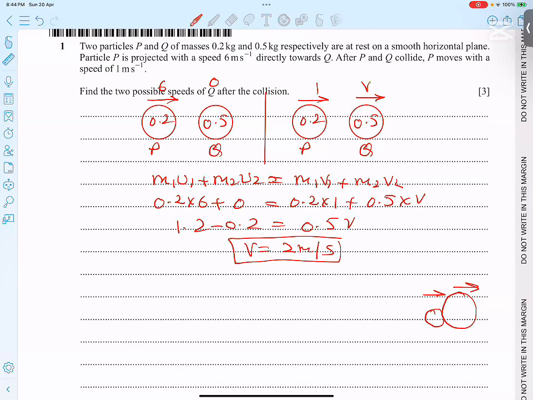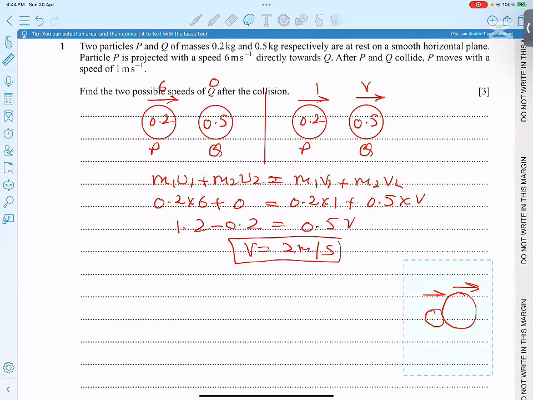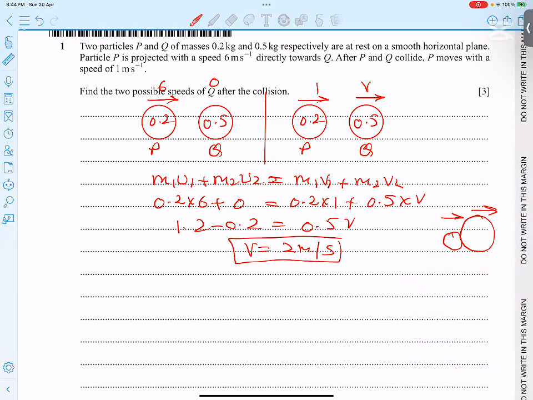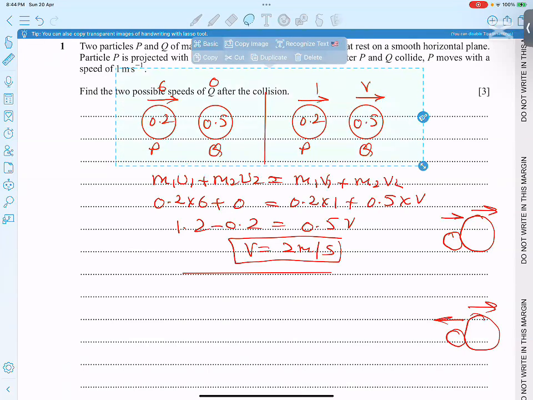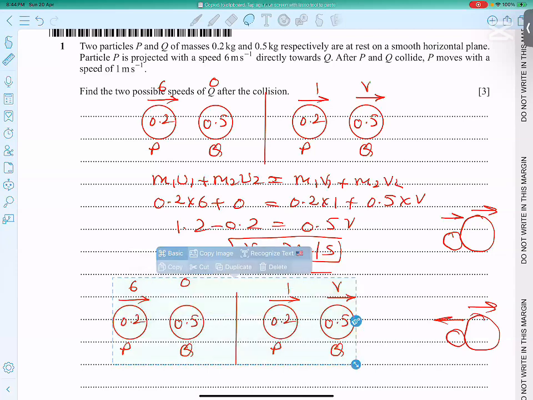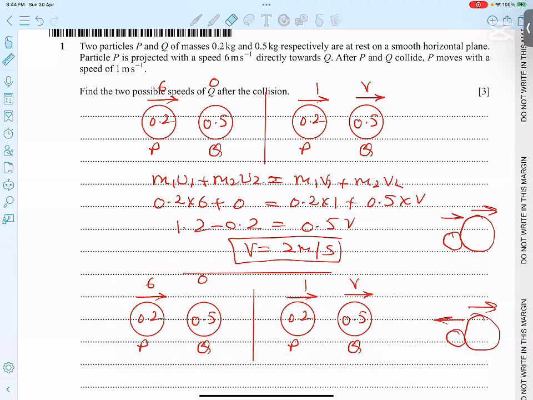So this is condition number 1 I discussed with you. But we have a second condition as well. The second condition is that if the lighter particle hits the heavy particle, it will bounce back. When it bounces back, the speed will be negative. I'm going to tell you why negative. Have a look carefully, only this arrow will change, the rest everything is the same.